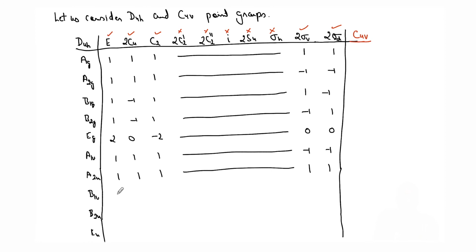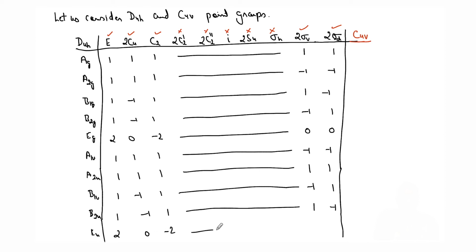So B1u is 1, minus 1, 1, this is minus 1, 1. We have 1, minus 1, 1, we have 1, minus 1. 2, 0, minus 2, 0, 0.